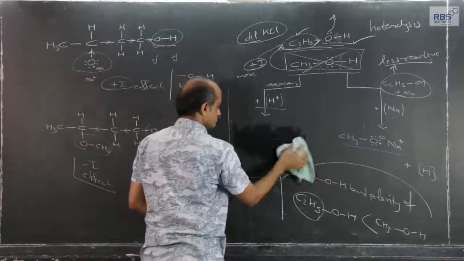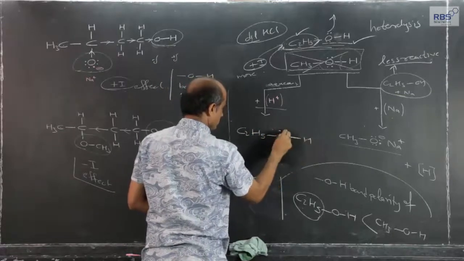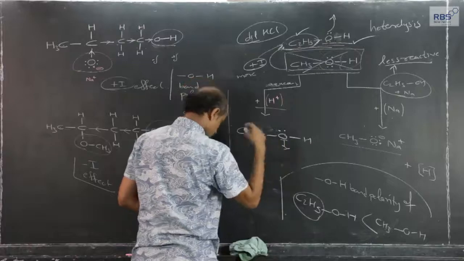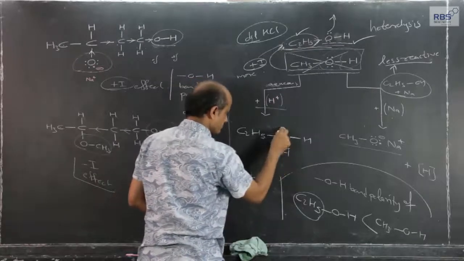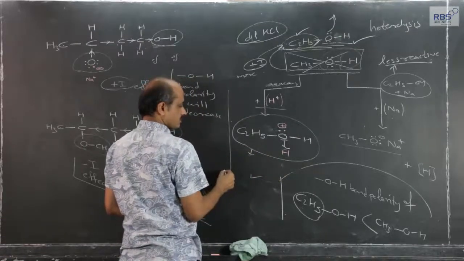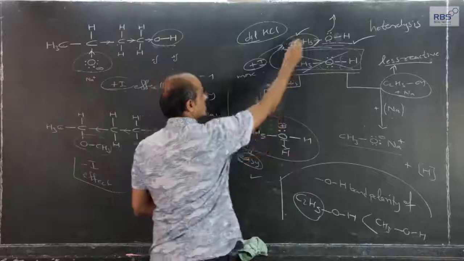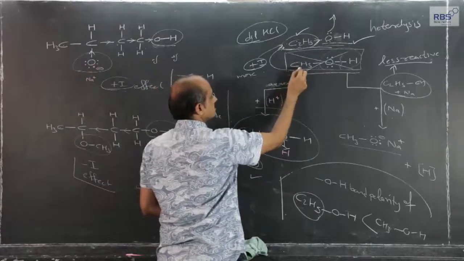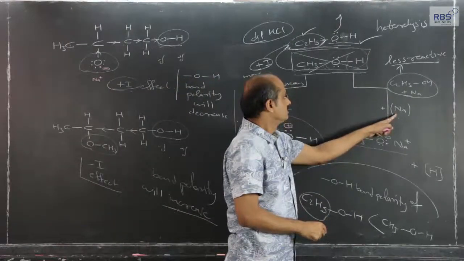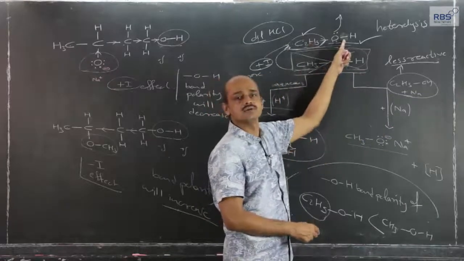formation of this coordinate covalent bond from the lone pair with H plus from acid will be easier with ethyl alcohol than with methyl alcohol, and the reaction with sodium will be easier for methyl alcohol than ethyl alcohol.